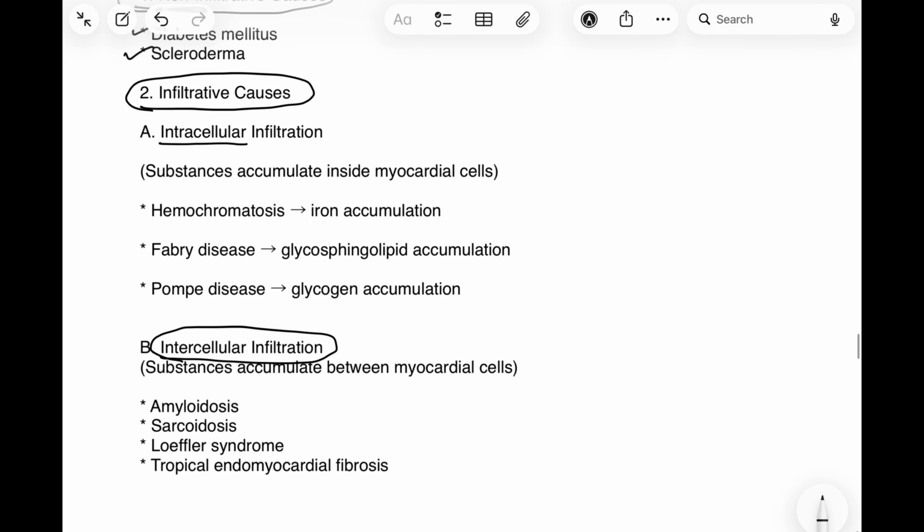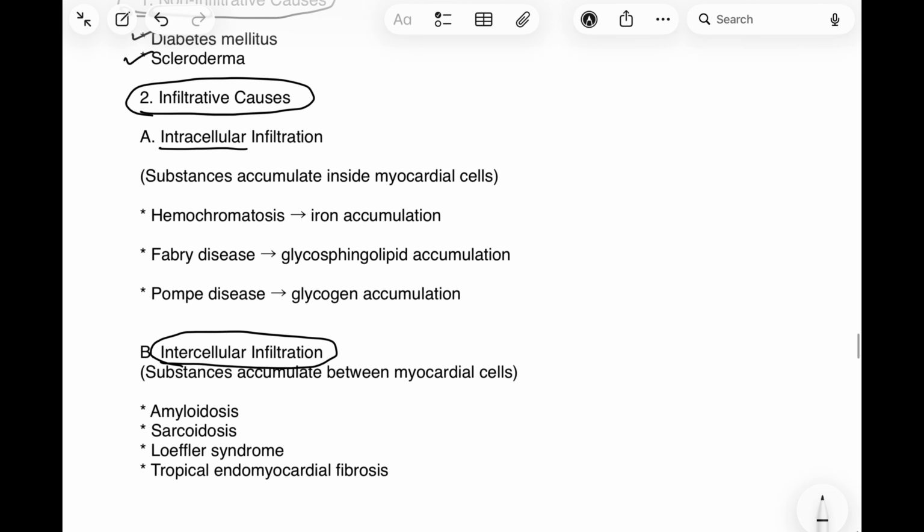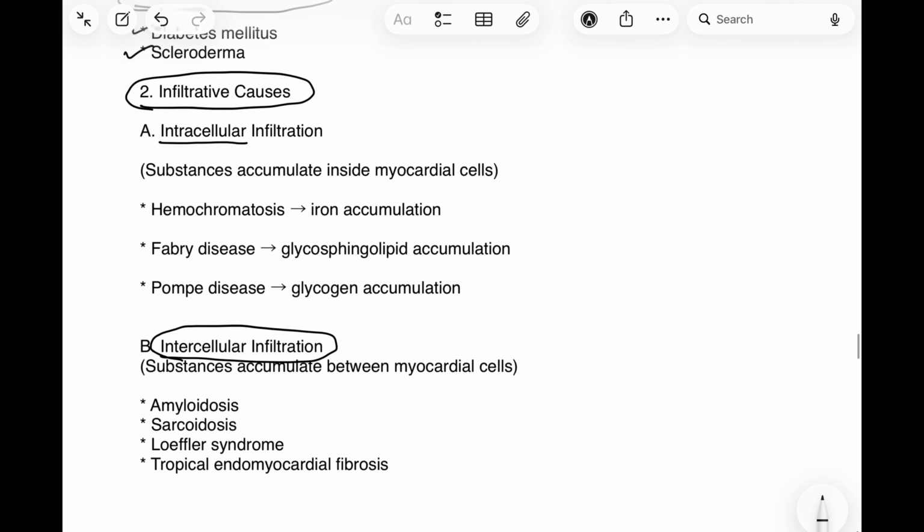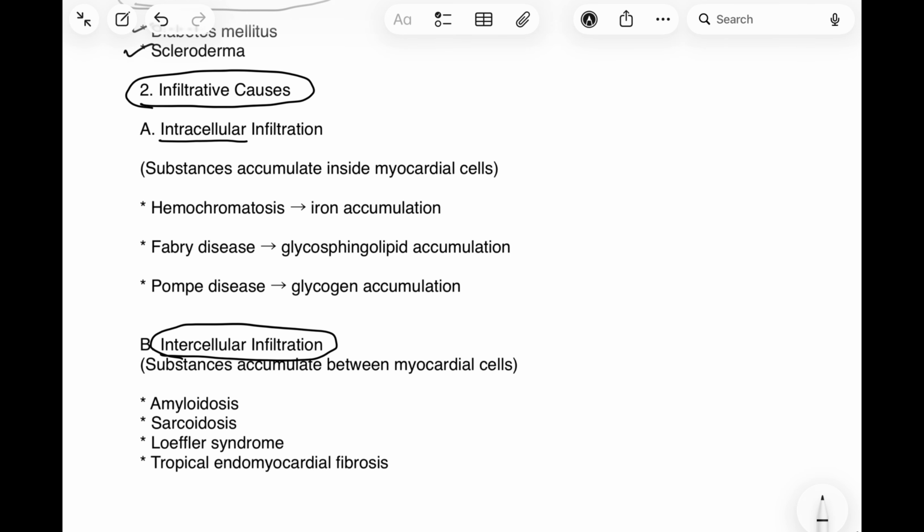Intracellular infiltration, that is inside the myocardial cells, has majorly three diseases. The first one is hemochromatosis. As we all know, hemochromatosis is iron accumulation inside the cells, right? It leads to dilated cardiomyopathy more often than the restrictive one. Next is Fabry disease.